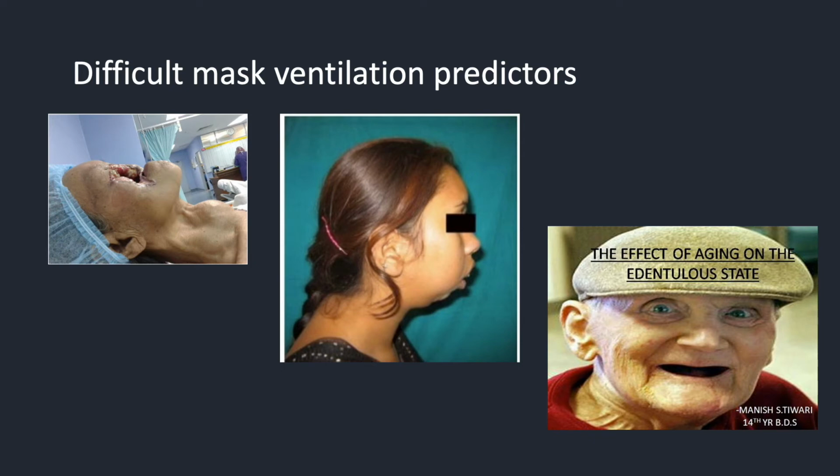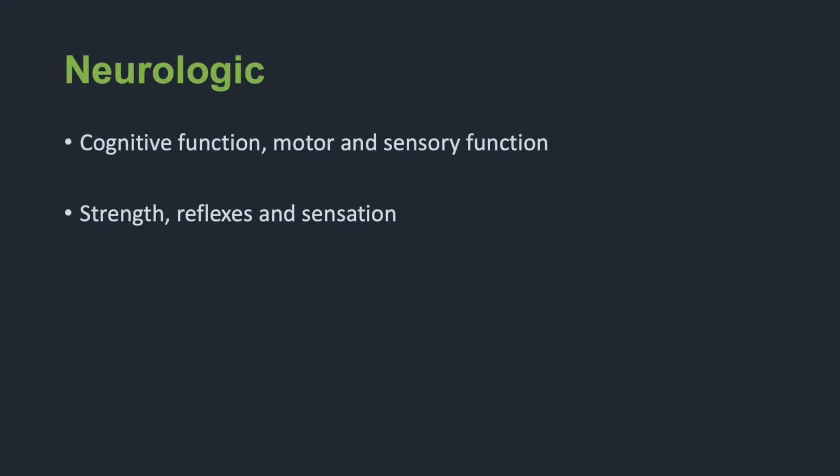So the rest of the physical examination is important as well, especially if you noted any comorbidities during your history taking. The examination of the neurologic system focuses on the patient's cognitive function, motor, and sensory function. This can be accomplished through simple observation.